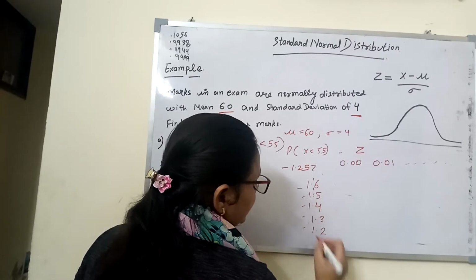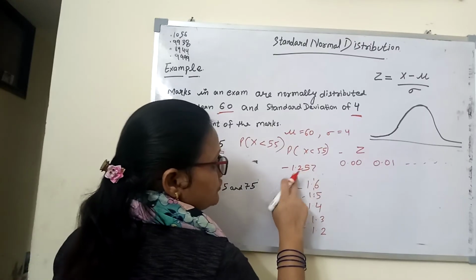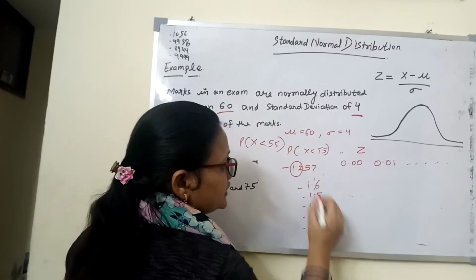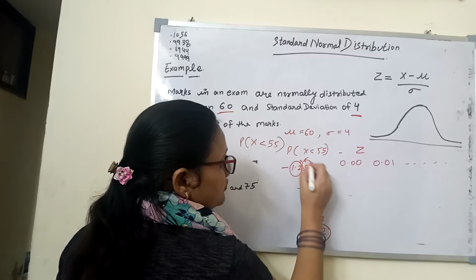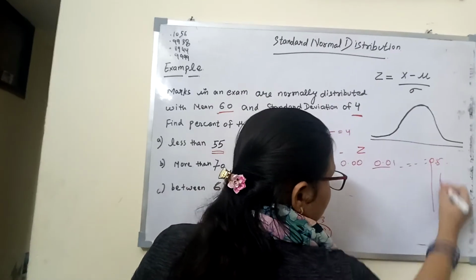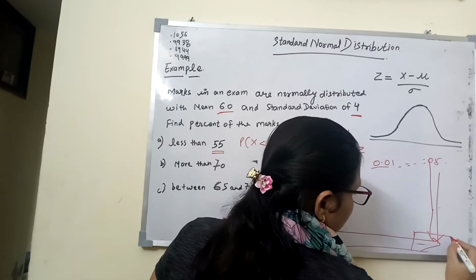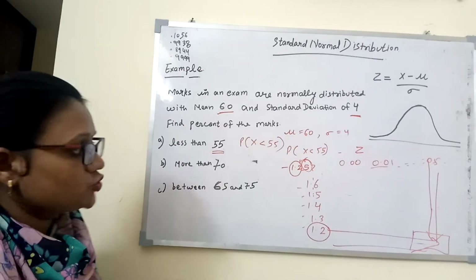Since it is negative, we will see 1.2 here and the column 0.05 here. Where these both intersect, that will be our value from the z score table.